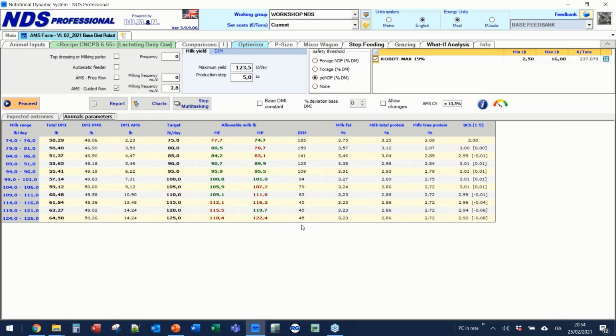In other words, we do not use for all the steps the average days in milk, average milk fat, total protein, true protein, and body condition, but we monitor the evolution through the lactation curve and the curve of the components, what would be the expected outcomes, not only in terms of milk yield, but also in terms of components and body condition score evolution.